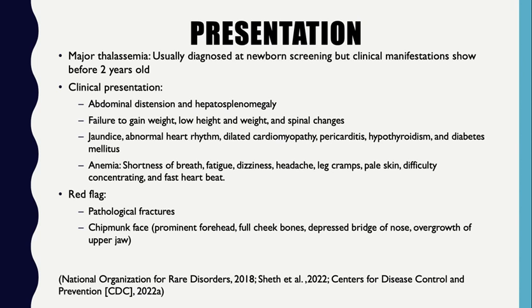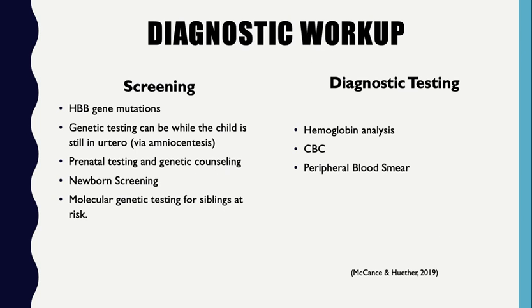Again, it's the same premise of what's going on with the bone marrow, only in the skull. The overgrowth causes the prominent forehead, full cheekbones, depressed bridge of the nose, and overgrowth of the upper jaw, resulting in that classic chipmunk face appearance.